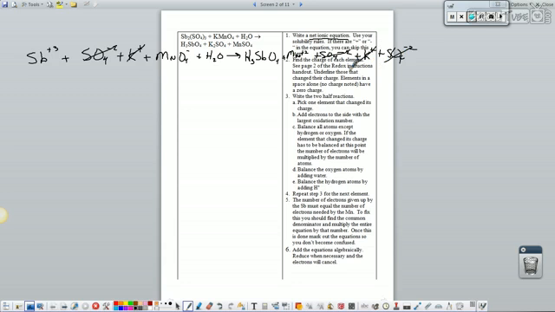So all the SO4s and all the K's are gone. So now I have Sb plus 3 plus MnO4 minus plus H2O yields H3SbO4 plus Mn, and that's the plus 2.